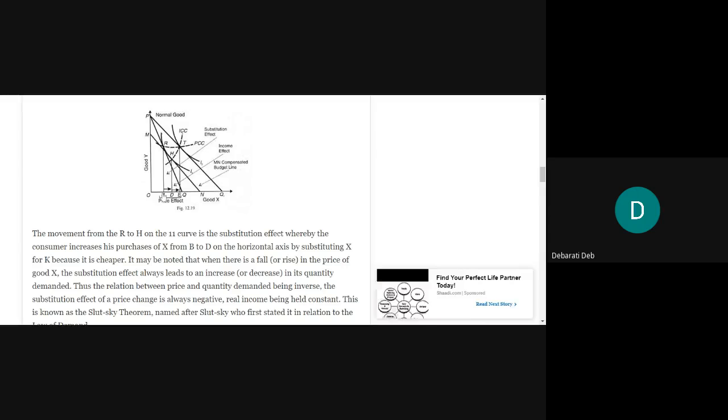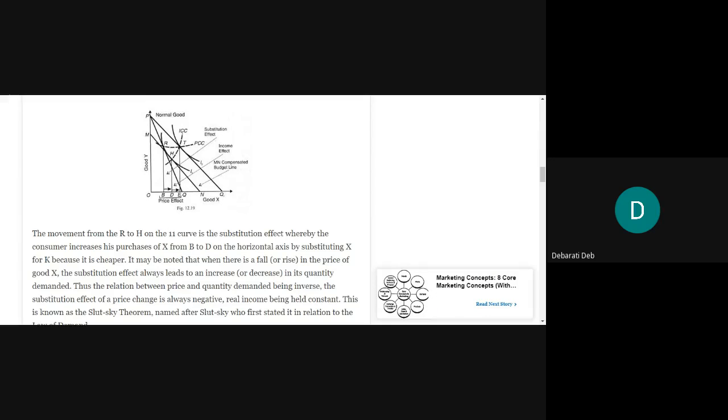B we already got by drawing a perpendicular from the point R on the x-axis, and from H on the x-axis we'll draw another perpendicular called D, and this movement from point B to D is called the increase in the purchase of good X on the horizontal axis.